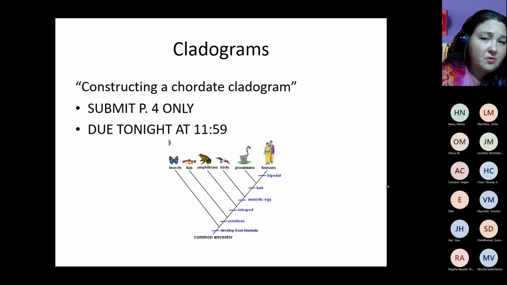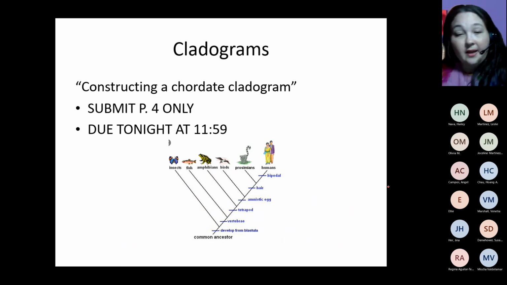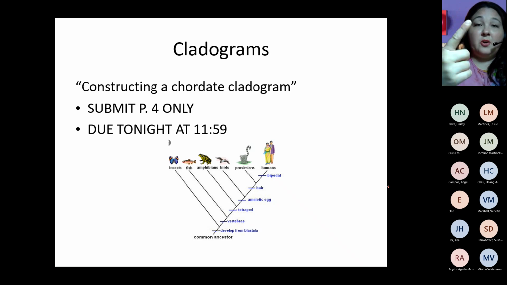Now, I would have you do this activity, and if you are still listening, I want you to type your name in the chat and tell me you have a choice. You do not have to do both activities. You could do the viruses one or the cladograms one. Now, the viruses one is a lot longer, but all the answers are there.